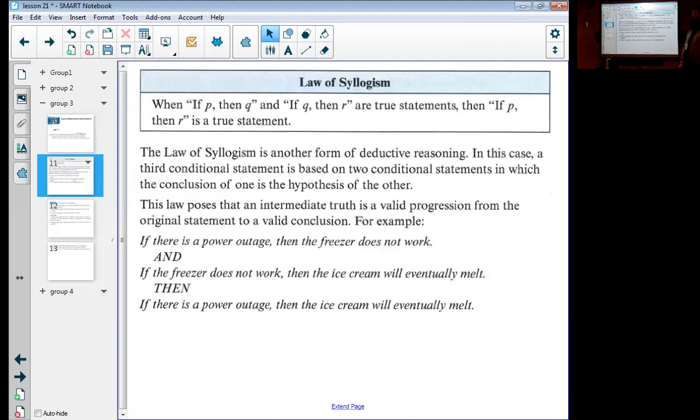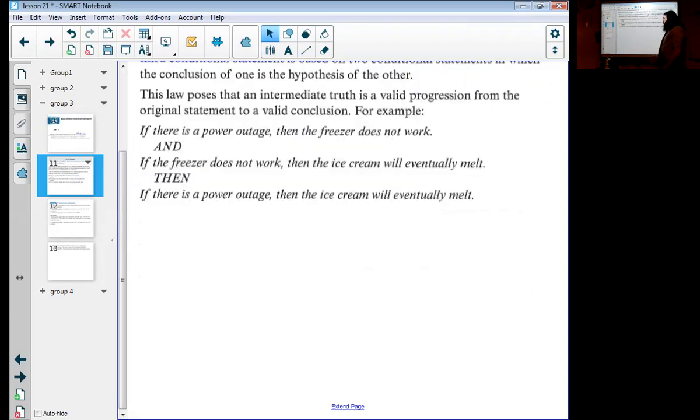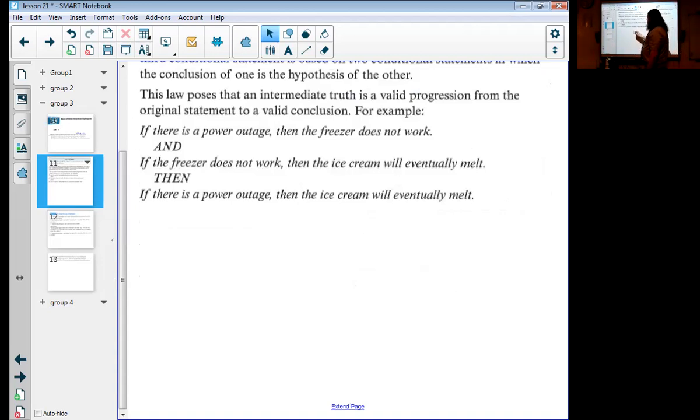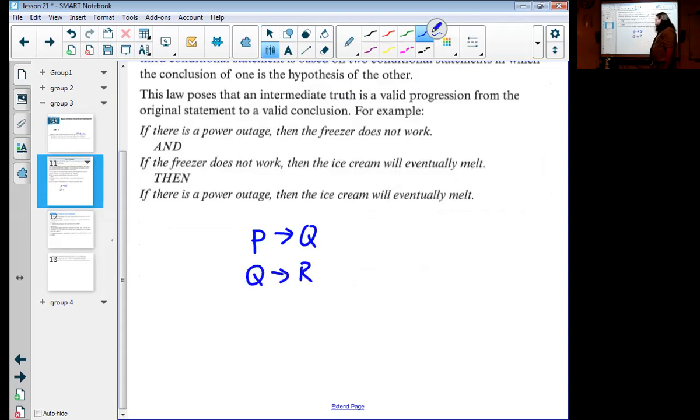So the law of syllogism is when if P then Q and if Q then R are true statements, then if P then R is a true statement. So the way to think about this, I'm going to write it in terms of symbols. So we have if P then Q is true, and then if Q then R is true.